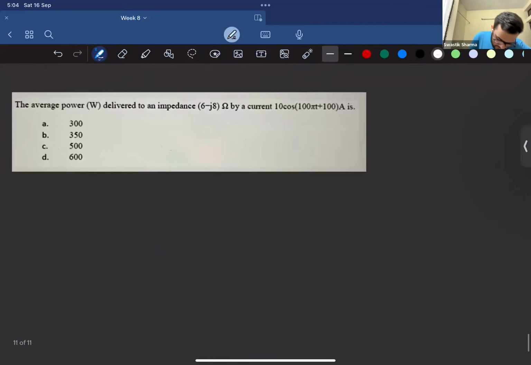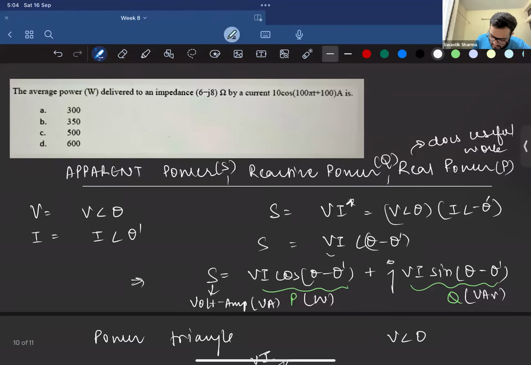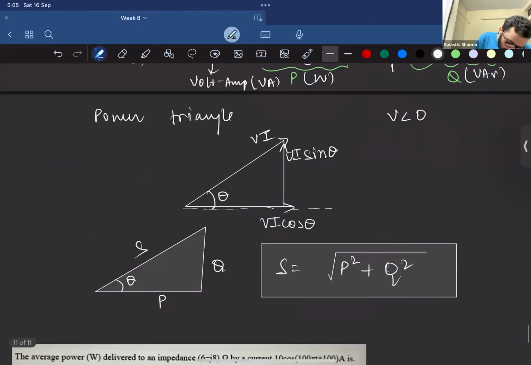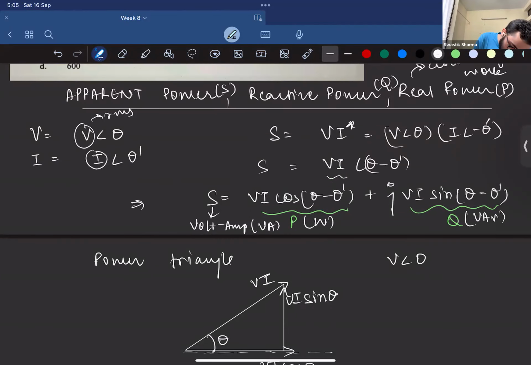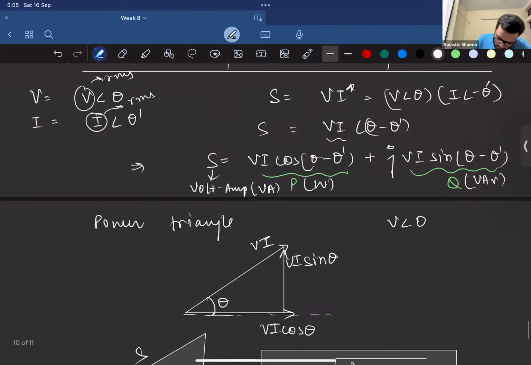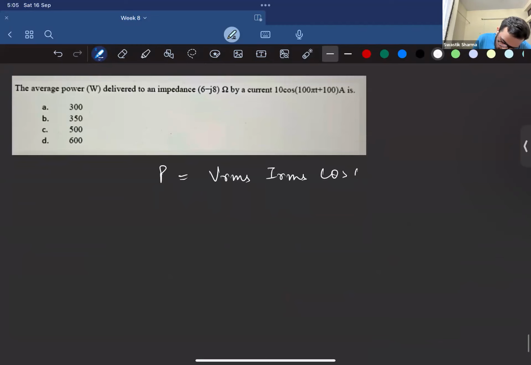What is power? As I said, average power or real power is nothing but V RMS, I RMS, where V and I are RMS values, multiplied by cos theta, which is the phase angle difference. Now, as I told you, an impedance represents the phase angle difference between voltage and current, right?